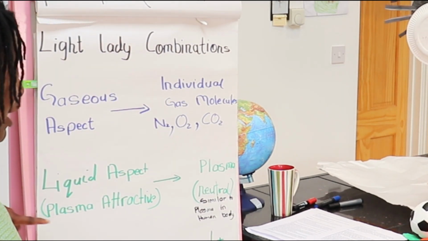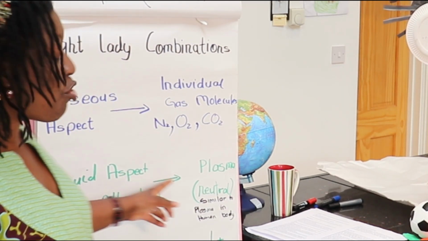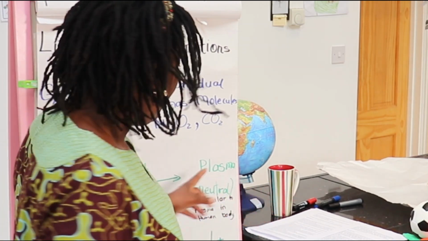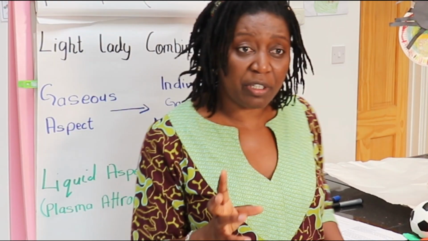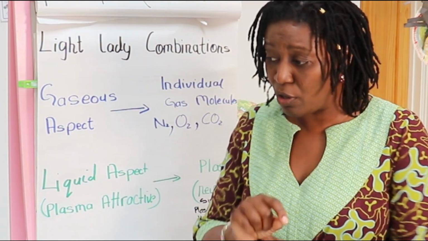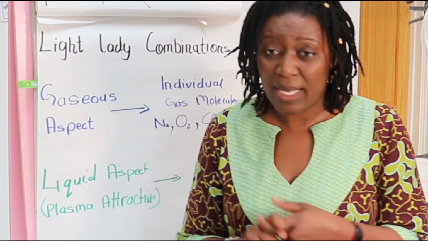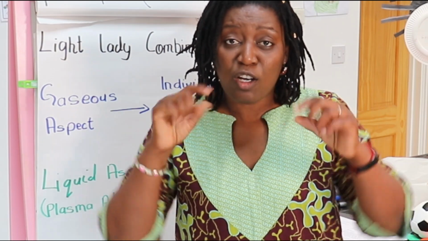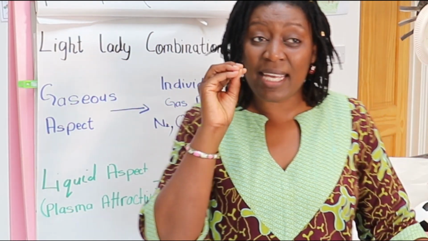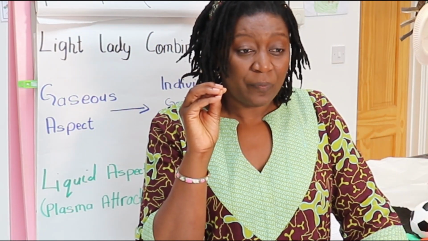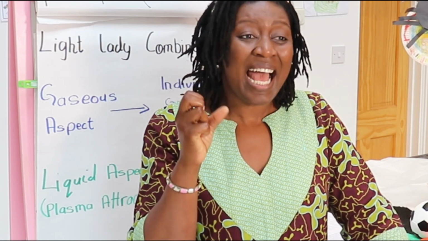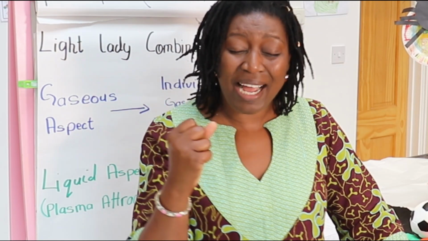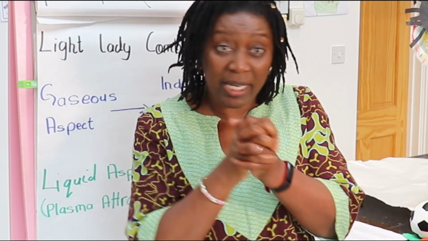With the liquid aspect, very attractive element, material. And I want to point out here that in the God soup, the solid, liquid, and gas aspects are extremely attracted and attractive to each other.